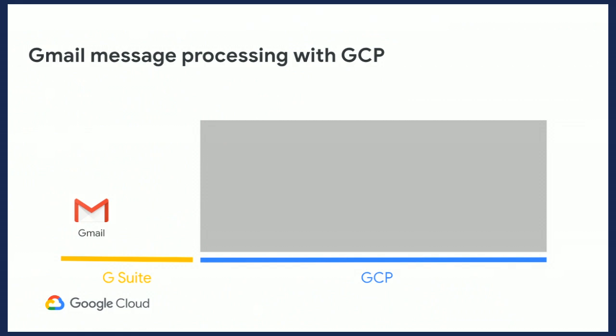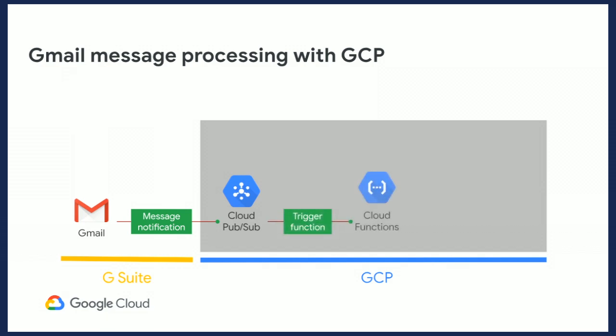All right, so here's the diagram of how the app works. When a new message comes into Gmail, that sends a notification to Cloud Pub/Sub, which is our message queue service. What that will do is send the message over and kick off a Cloud Function, which then extracts the attachments from the email body. And then it sends that over to Cloud Vision.